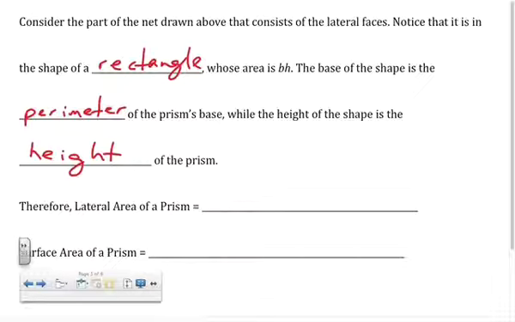let's visualize this as that prism that you saw on the screen. If I were to cut it open here, if I had scissors. Here we go. If I cut it open here, this is not going to work.